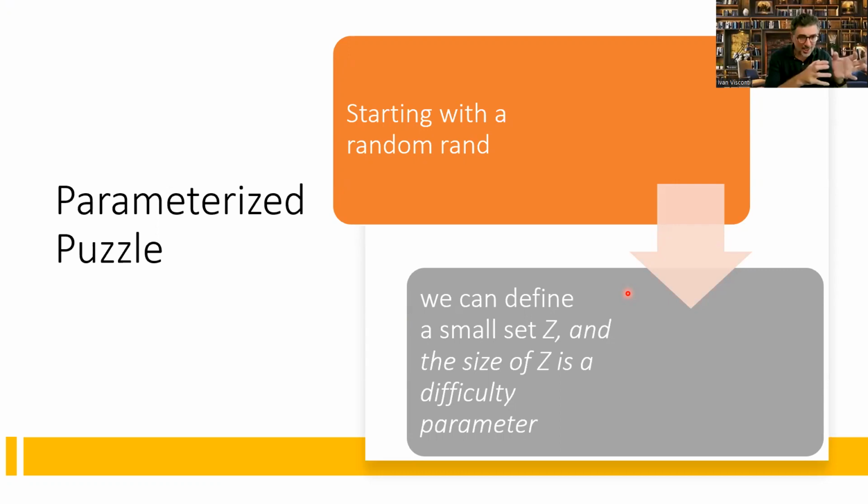That's why it's a parameterized puzzle. There is a difficulty parameter that is the size of a set Z. If Z is small, there is high difficulty. If Z is big, then you are decreasing the difficulty.